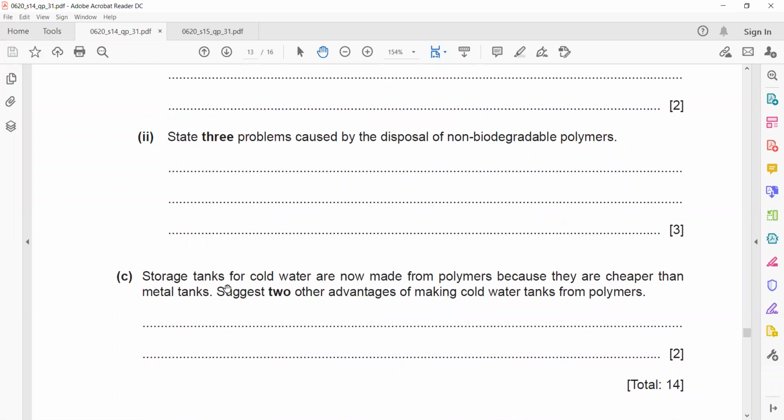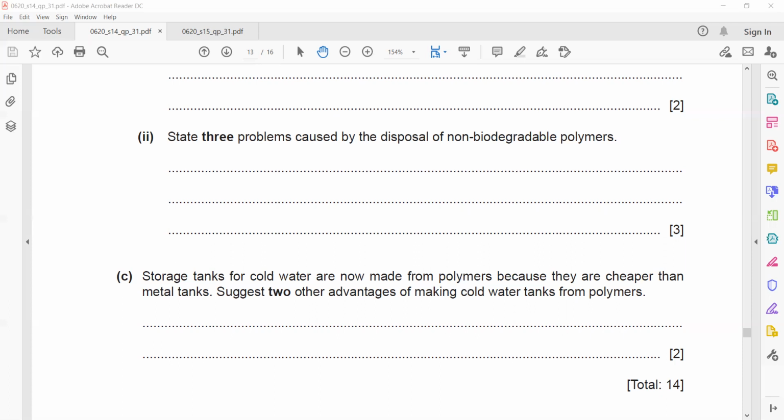Storage tanks for cold water are now made from polymer because they are cheaper than metal tanks. Suggest two other advantages of making a cold water tank from polymers. Water storage tanks, you will find, are made of fiber, polyester, polymers. So what are the advantages other than being cheap?